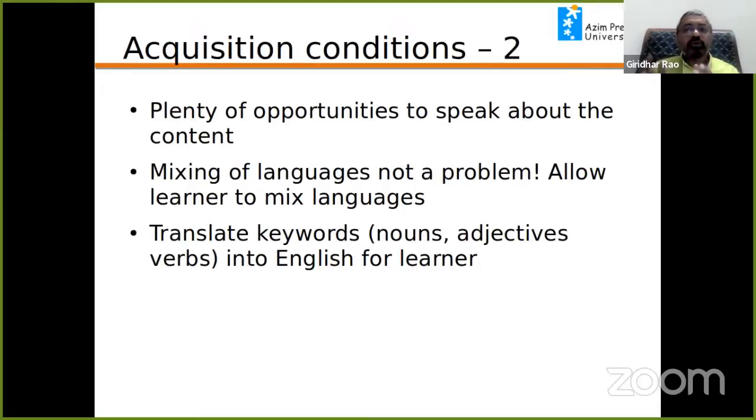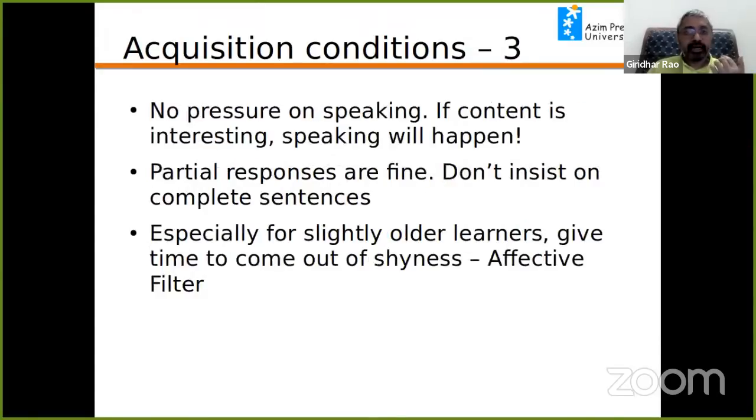So that judicious mix, that intelligent, careful mixing of second language L2 and first language L1 is a good condition, a favorable condition for second language acquisition. So it may be a good idea to allow it to happen, rather than insist that the learner speak in the second language.